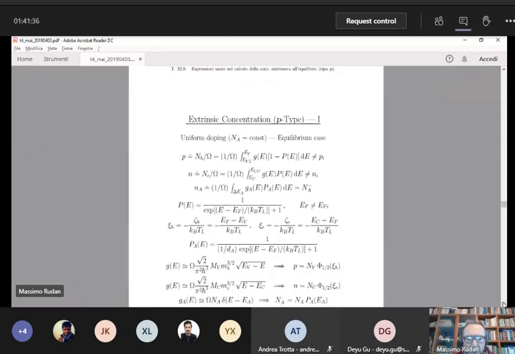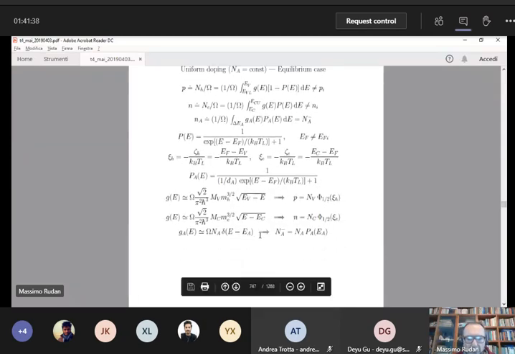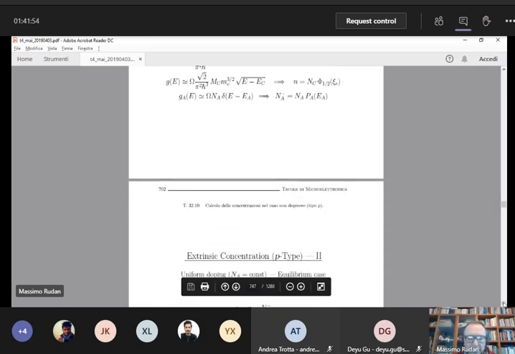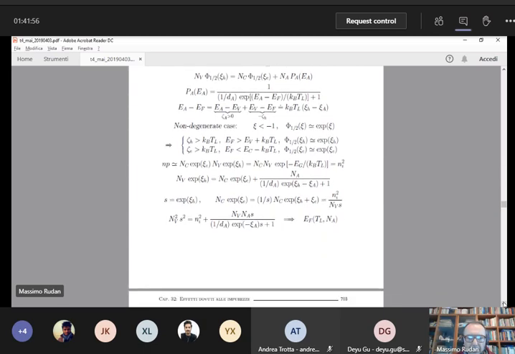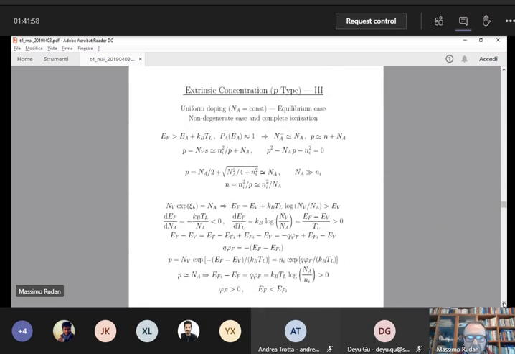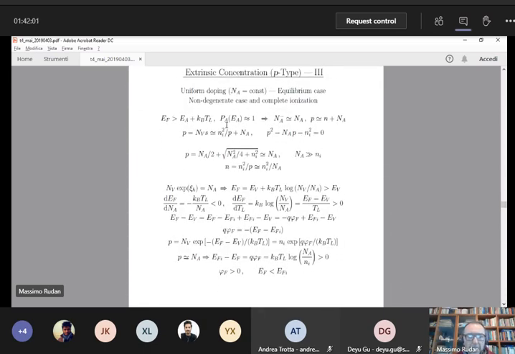The concentration of the ionized acceptors is called Na with a minus because they are negative. In the complete ionization condition, P sub A is equal to 1, so that Na minus is equal to Na.